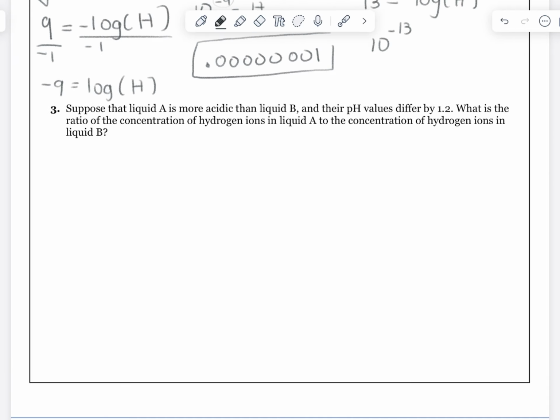Okay, number 3. Suppose that a liquid A is more acidic than liquid B. Liquid B is right here, and it's more basic. And their values differ by 1.2. So what does that mean?